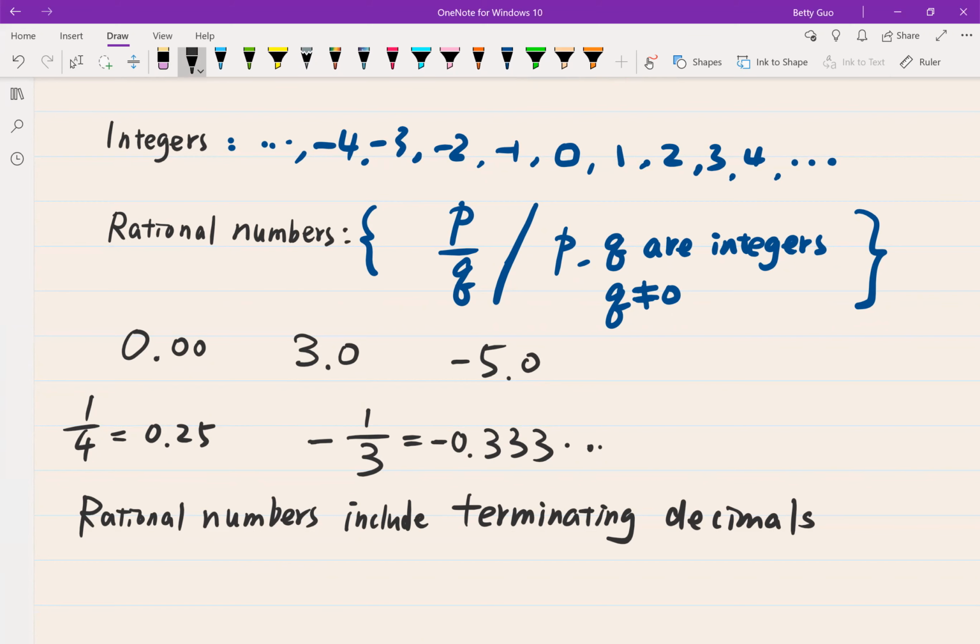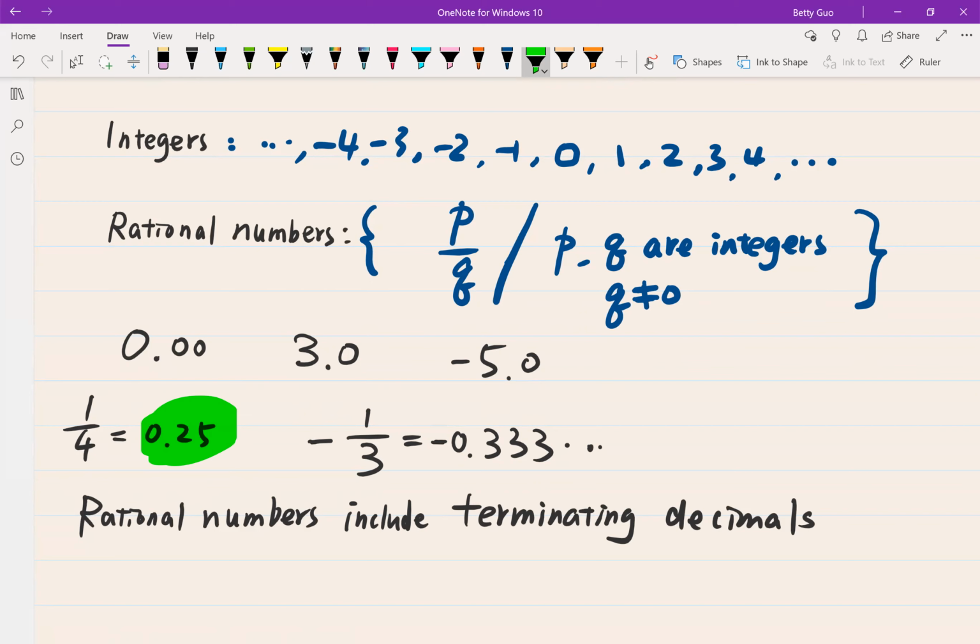What is a terminating decimal? Let's look at 0.25. If we have a finite number of digits to the right of the decimal point, then that decimal is a terminating decimal. It means it doesn't go forever. 0.333 is non-terminating because the 3 goes forever.